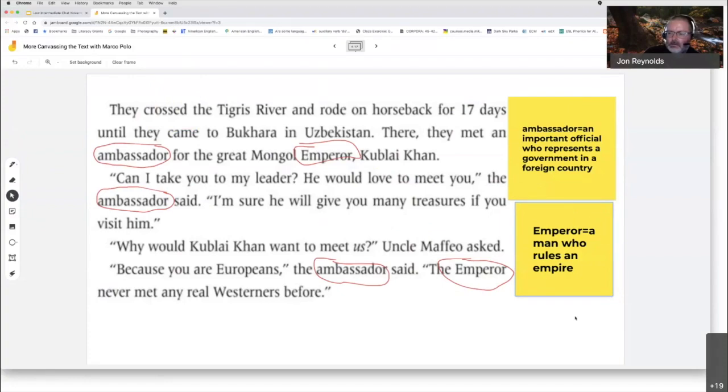Maybe it's more than a king. You think an empire is bigger than a king? Something like a king but bigger. So the emperor has a lot of colonies, and his empire is made of all of these countries.